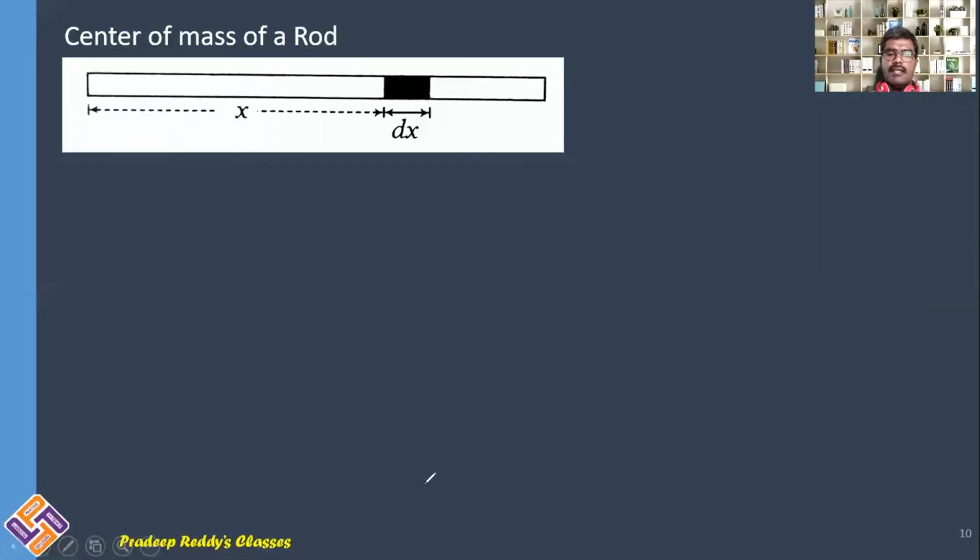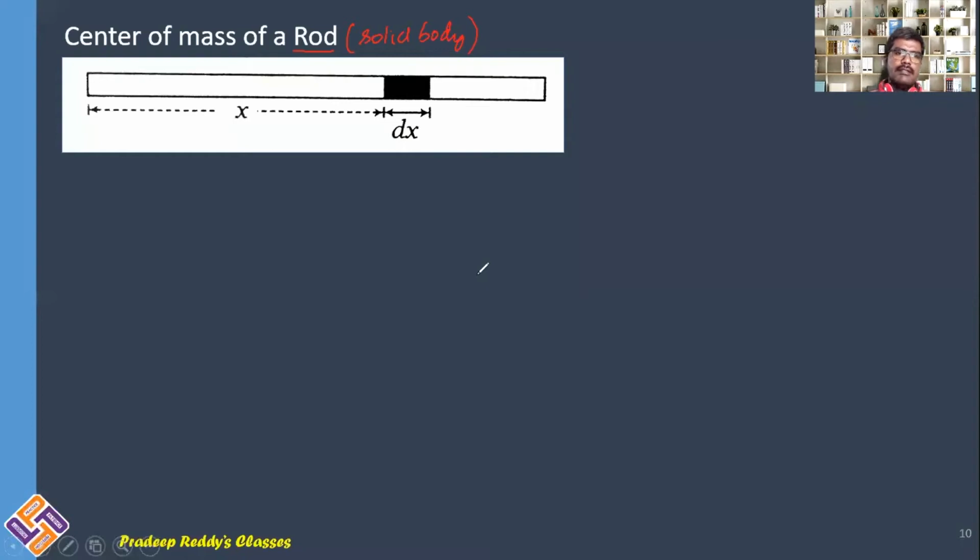Students, now let us calculate center of mass of a rod. We are dealing with center of mass of a rod. How to find out center of mass of a rod? Rod is a solid body, and for this solid body, mass is distributed throughout its length.